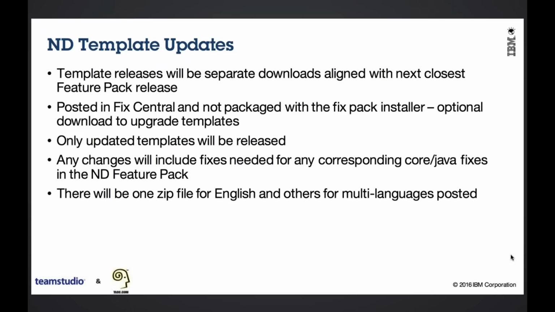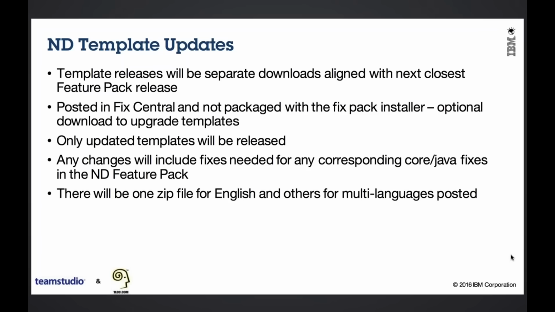It will be a separate and optional download as well, and it's not going to be with every single feature pack that you'll see a template update. Whenever we release something in a feature pack that requires a template update, you will see the templates released in conjunction with that particular feature pack.